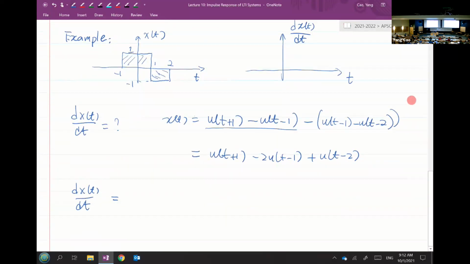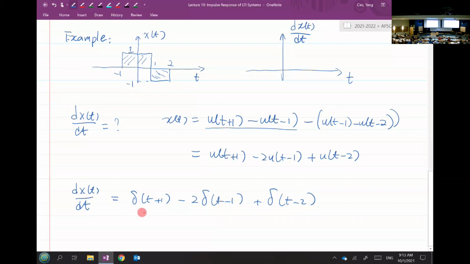When you take the derivative of u of t, you get delta t. Because this is shifted, you get a shifted delta t. For the second one, you get 2 times delta t minus 1, and then delta t minus 2. This is the result for the derivative of x of t.